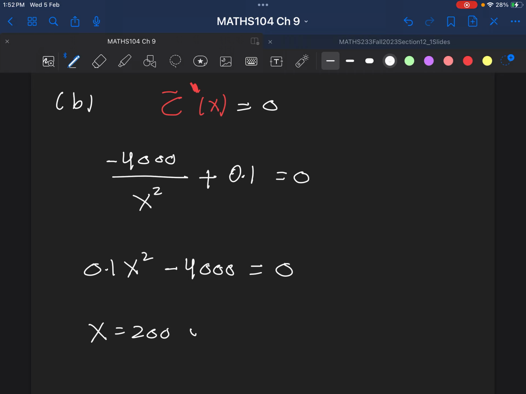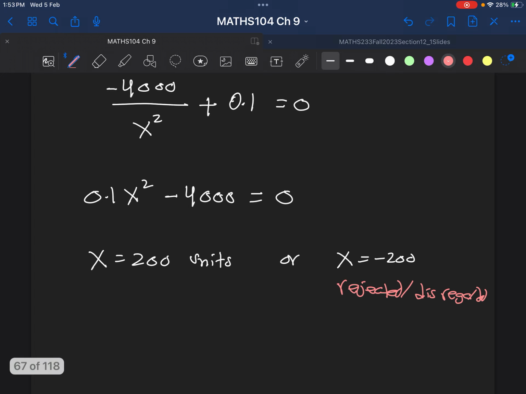And it will give us two answers. The first answer is 200 units. And the second answer will be negative, so it will be disregarded or rejected. Why is it rejected? Because it's negative.